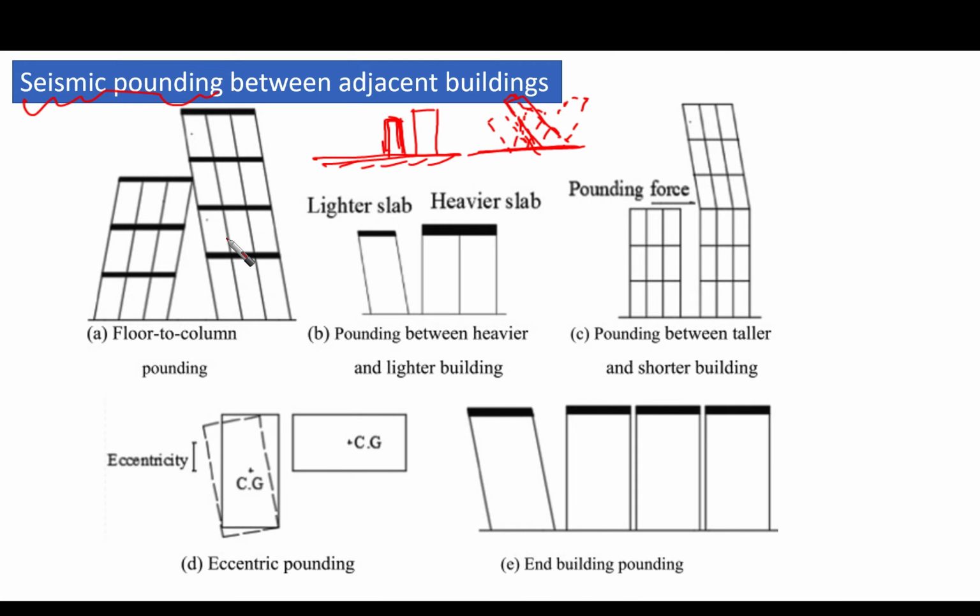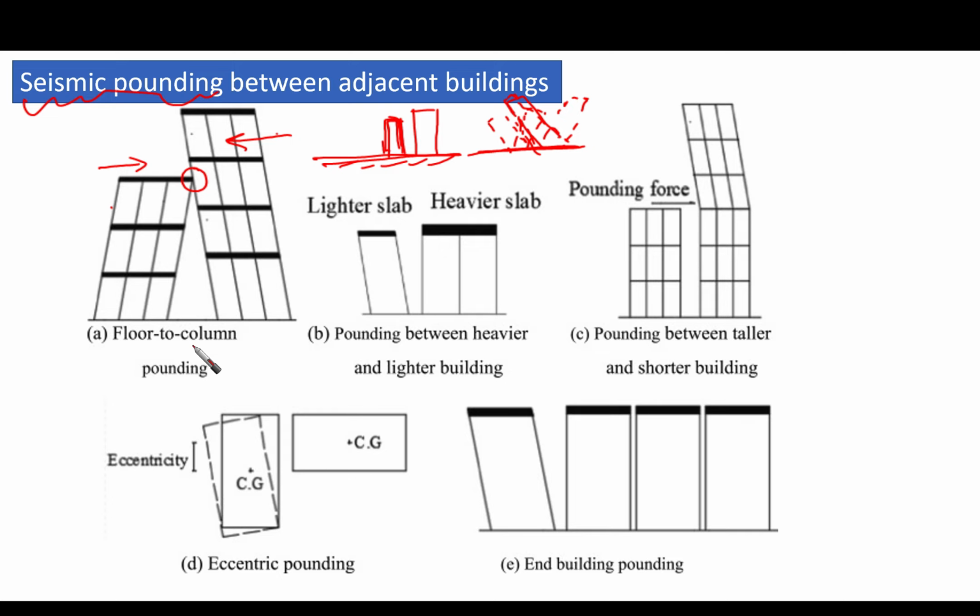But the problem comes whenever there is out of phase motion for these two adjacent buildings. In this case, you are going to find that the left structure, for example, is moving to the right and the right structure is moving to the left, and then what we call pounding, or seismic pounding, happens.